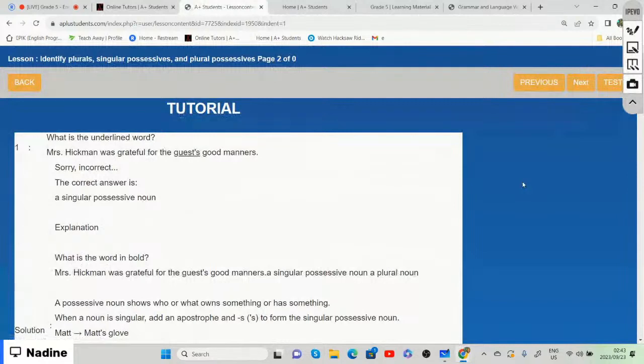Mrs. Hickman was grateful for the guests' good manners. So the word guests, apostrophe S, is that a singular possessive, singular noun, or a plural possessive? Guests, good manners.